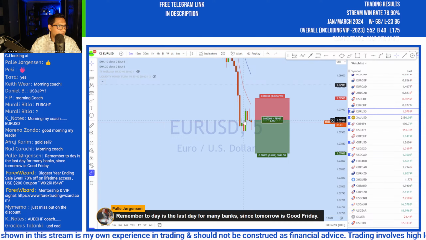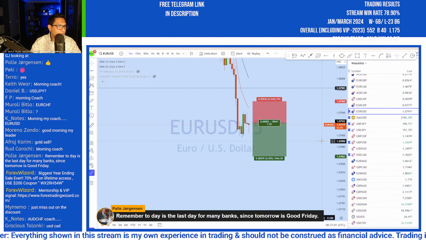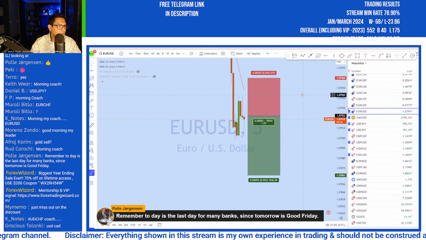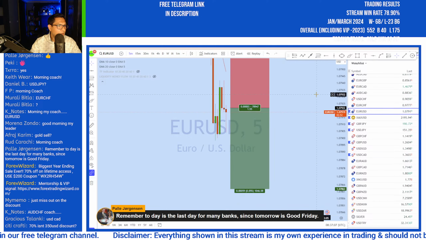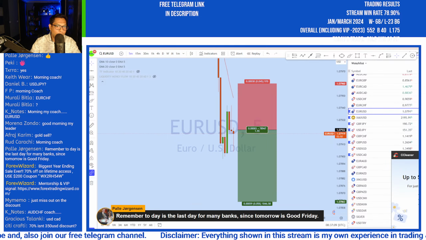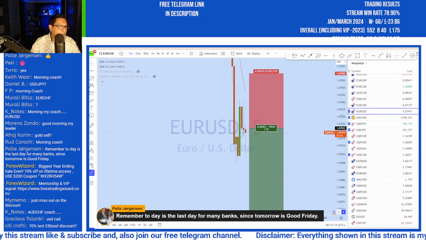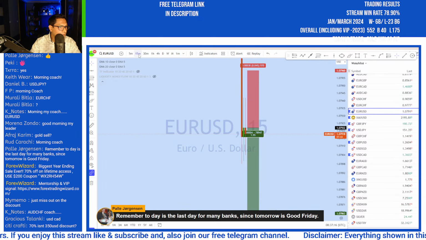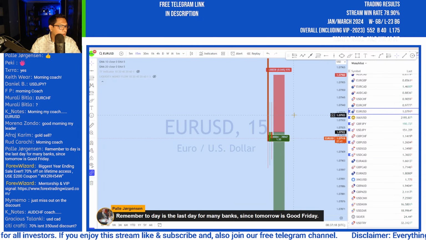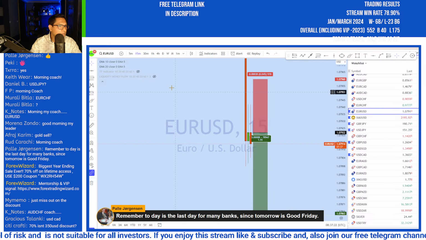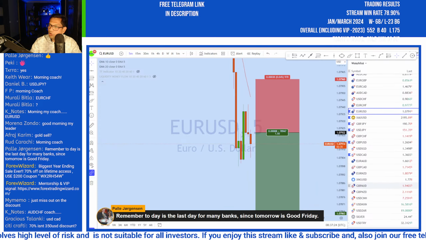So if we see that the price has dropped well below this level, so it's a sell on euro dollar. So I've sold on euro dollar.